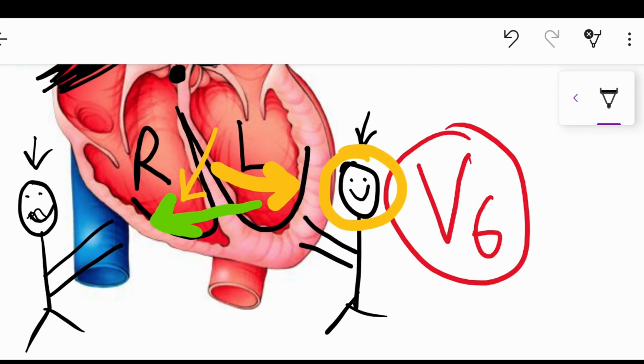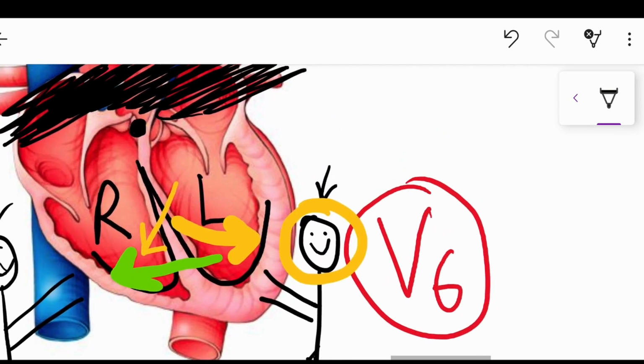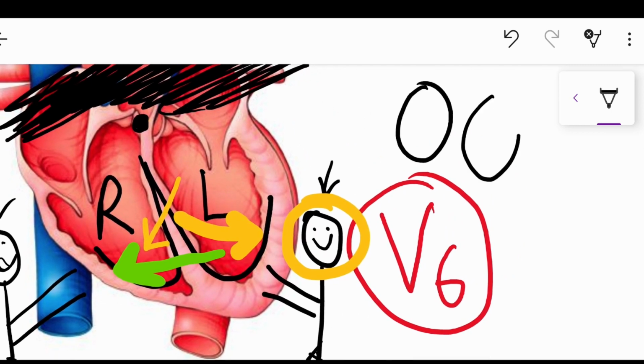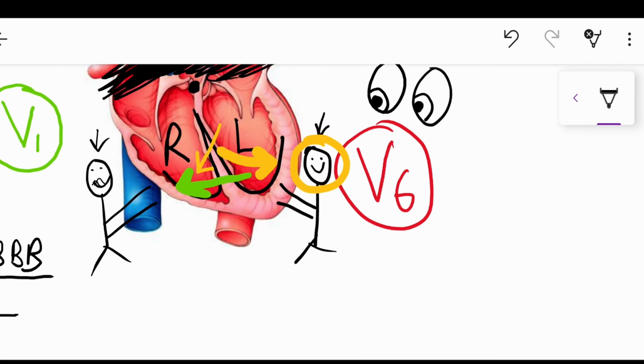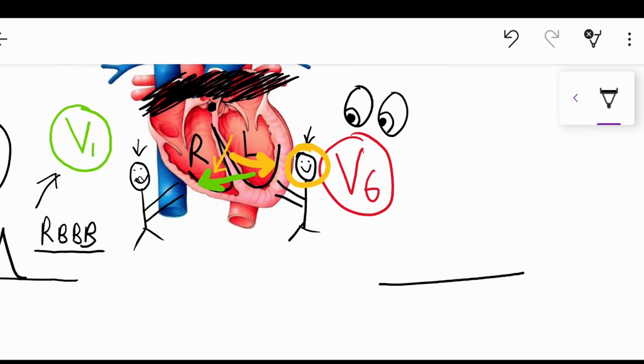We still have the same movement of the impulse, but now we're focusing from the perspective of V6. We're now looking at V6. Let's draw the same isoelectric line here. Okay, there we are, let's keep it straight.